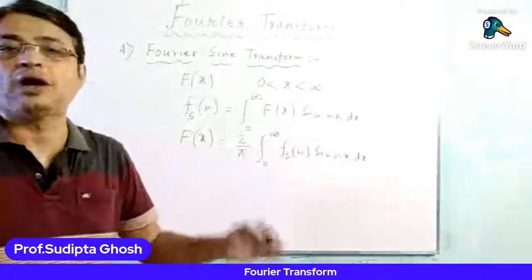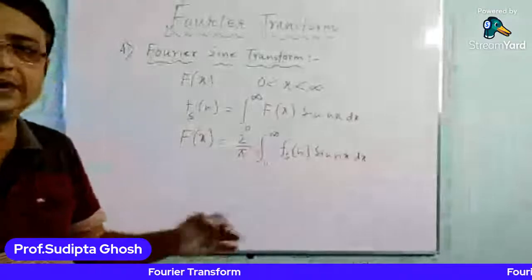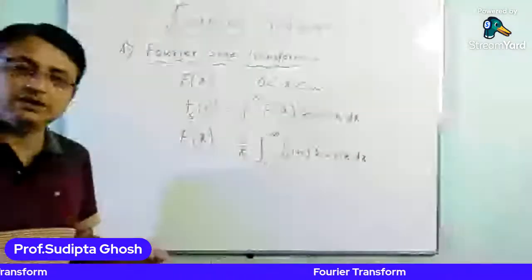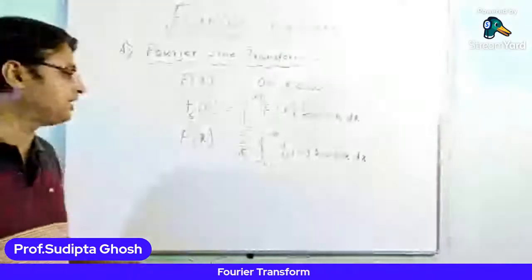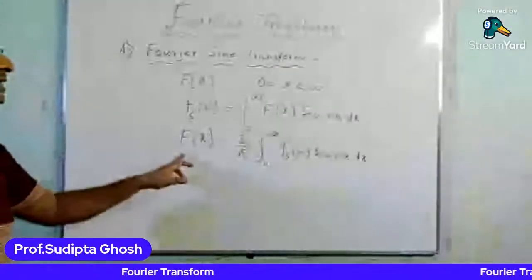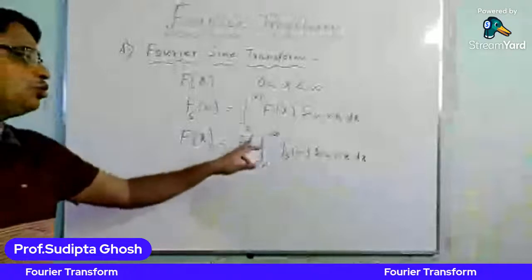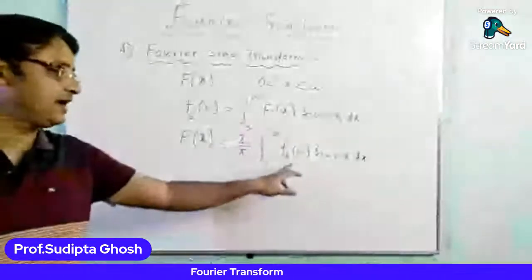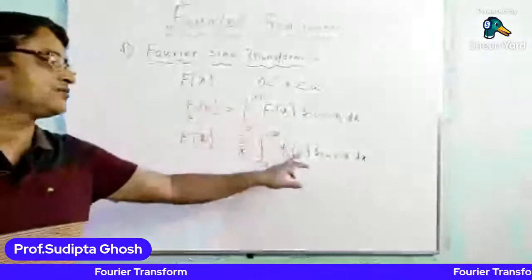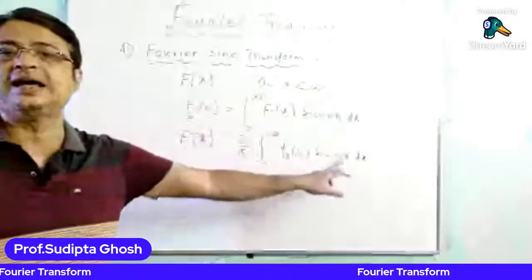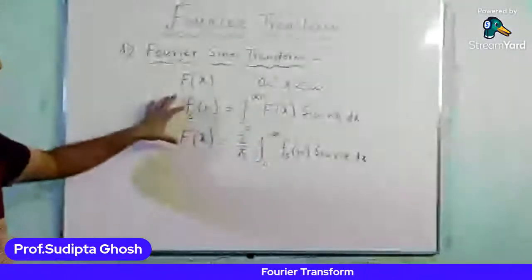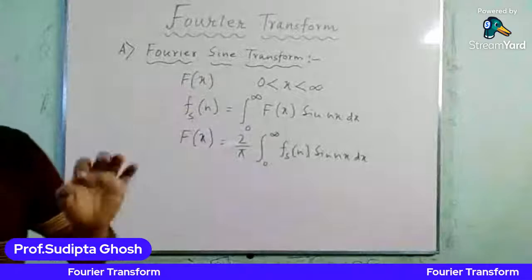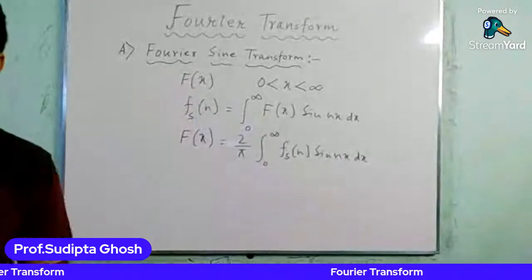And now if you want to find the value of capital F(x), we have to execute the inverse Fourier sine transformation, and we have capital F of x equals 2 by pi integral 0 to infinity Fs, that is the sine transformation value, into sine nx dx. So these two definitions are for infinite Fourier sine transformation.